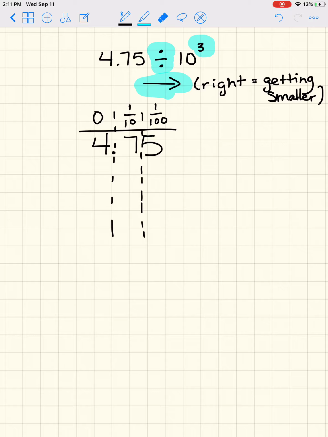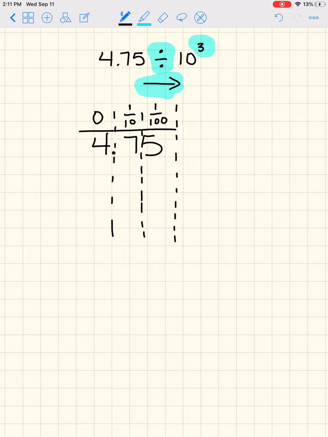So here, let me kind of erase my mess here. Since I'm moving to the right, I'm going to add 3 place values to the right. Now, these are going into decimal numbers that are smaller than we normally work with in 5th grade, but this is just showing you what's happening.